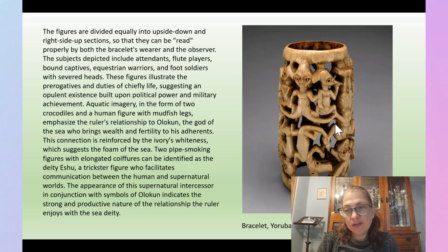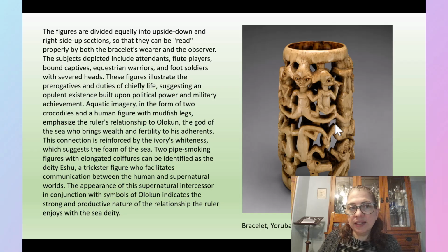And this is made out of ivory. And ivory is bone, of course. And the whiteness of it suggests the foam from the sea, again making that link back to the sea god. We have two pipe smoking figures, and these represent tricksters who facilitate communication between humans and the supernatural world.